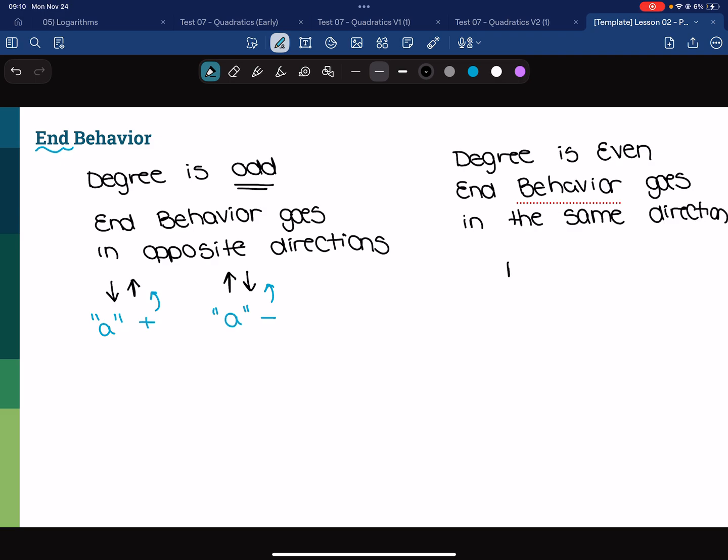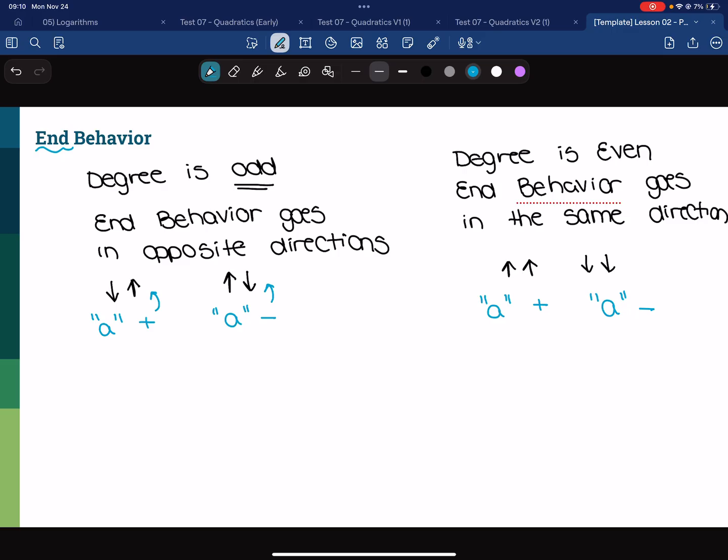So we're looking at either an up, up, or a down, down. And again, it comes back to our a value. If I think about x squared for our value, a is going to have to be positive to make them both go up. If a is negative, then we're looking at our down frown scenario. So that's our idea.